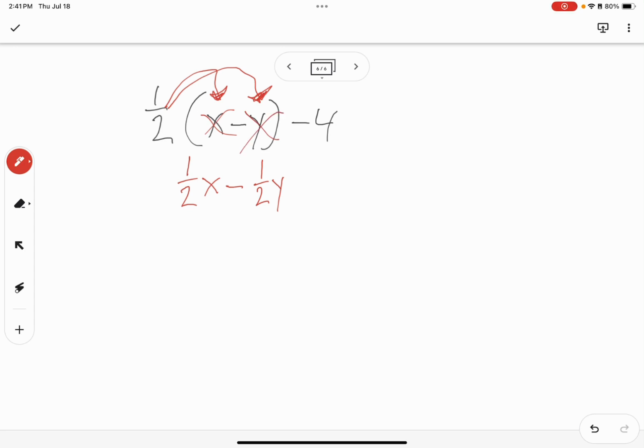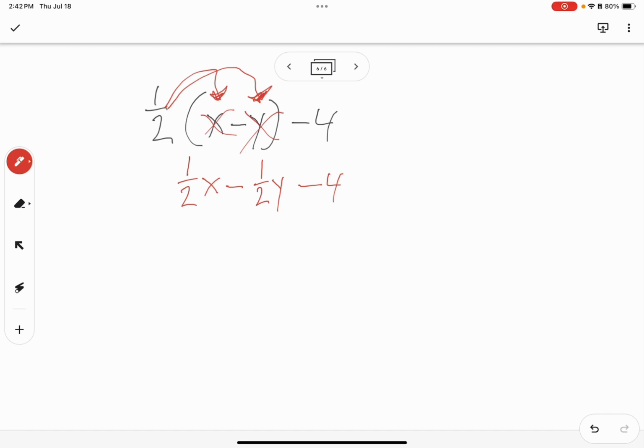And now this, do we have to multiply the 1/2 by the -4? No, we do not, because the -4 is outside the parentheses, and this is only being multiplied to everything inside the parentheses. So we're just going to bring down the -4 now that we've distributed.